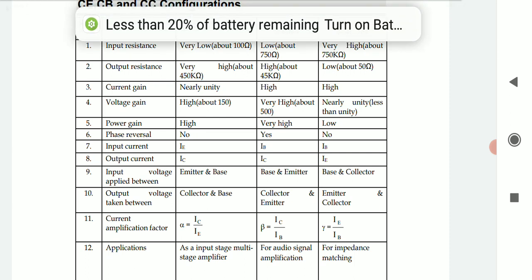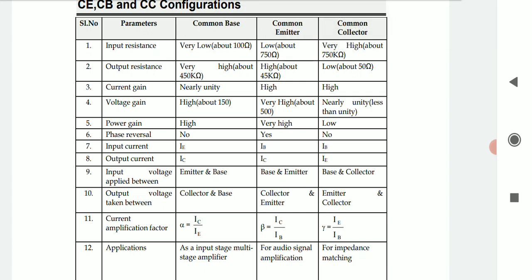Phase reversal is nothing but this: whenever an input is applied, for example a sinusoidal signal at the input side, in common base the phase reversal is no. It means if the positive half cycle is applied as the first half cycle in the input waveform, you get the same waveform in the output without any phase change.